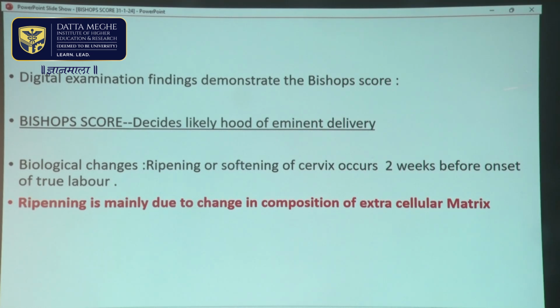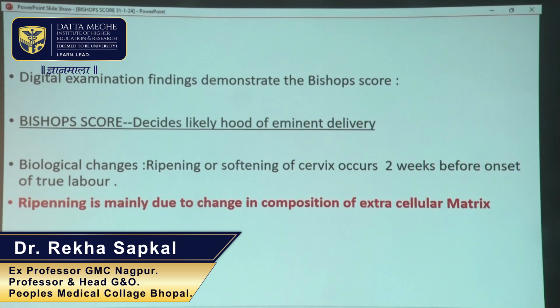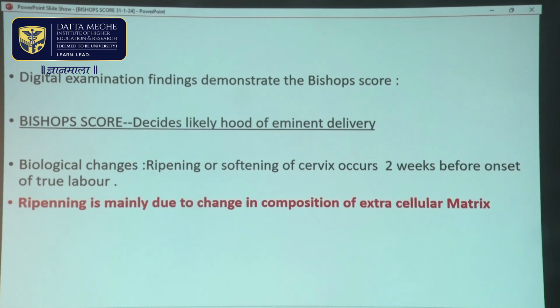They occur 2 weeks before the onset of true labor pains. Thus, by assessing the cervix, we can make out the status of the patient, whether she is near term or preterm. Ripening is mainly due to changes in the composition of the extracellular matrix of the cervix.